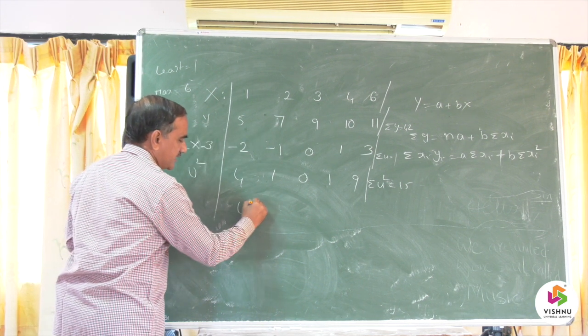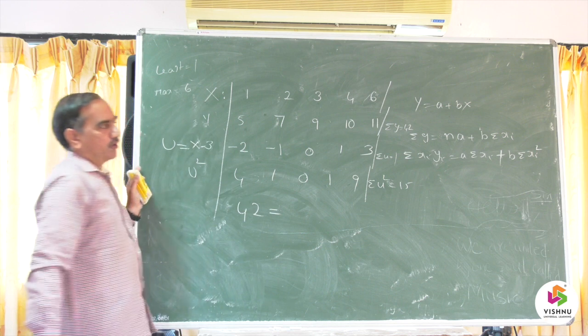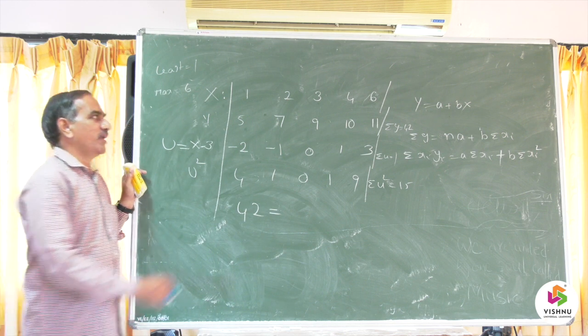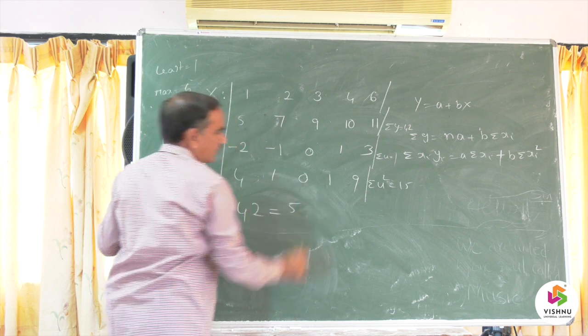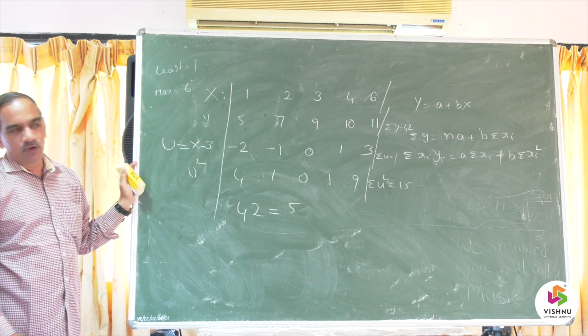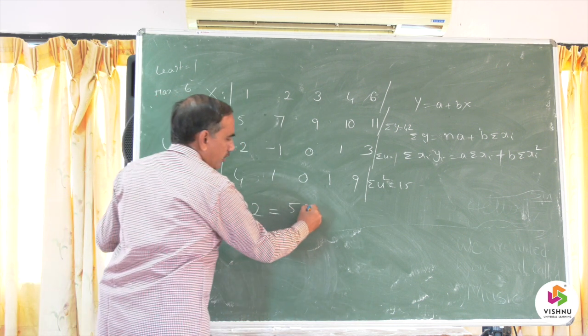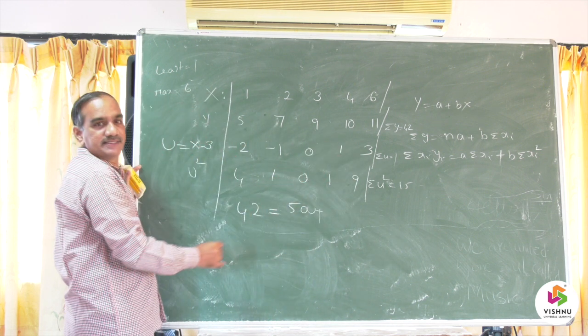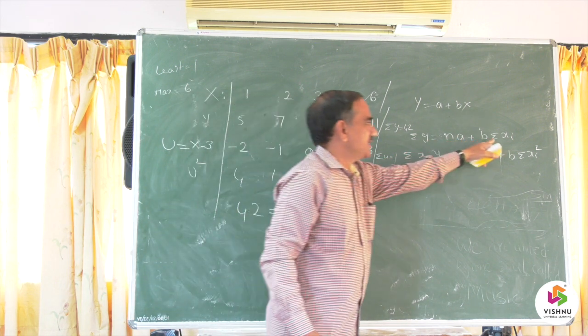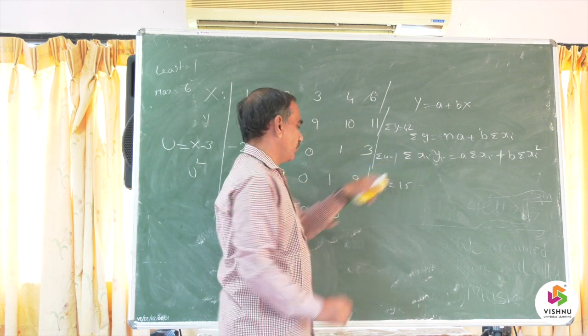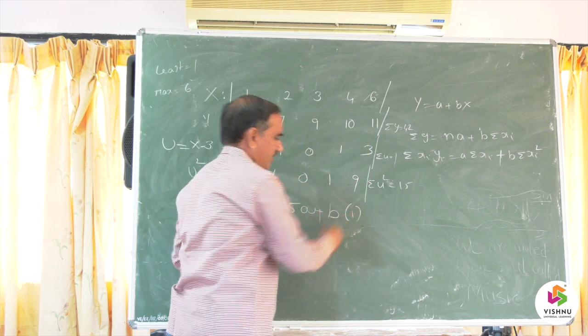So the first equation is 42 is equal to n, the number of combinations, 1, 2, 3, 4, 5 combinations. So n is equal to 5. Unknown constant 5 into a plus unknown constant b, sigma x. Therefore, sigma x is equal to sigma u is equal to 1, b into 1.